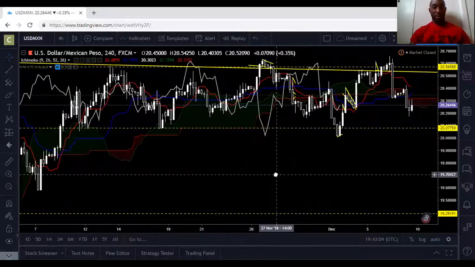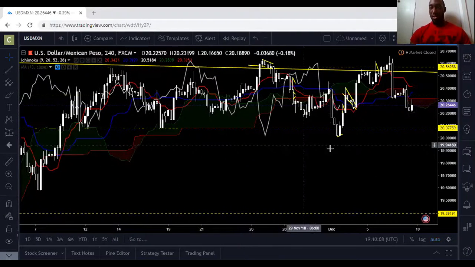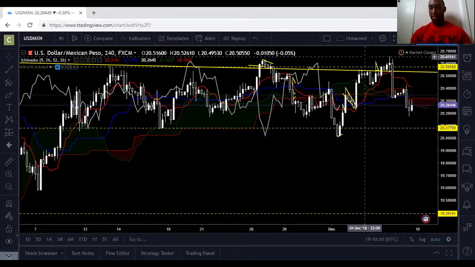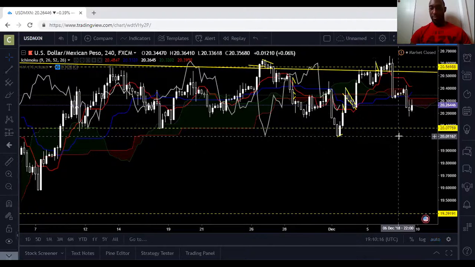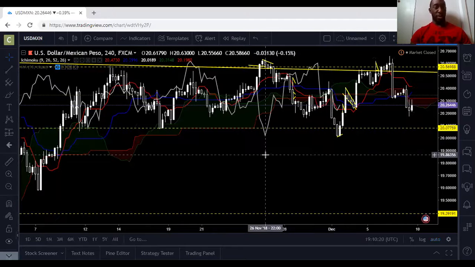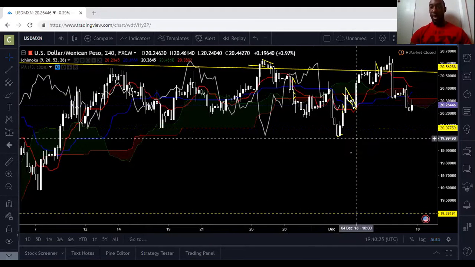So, as you can see, it's been consolidating between the highest level 20.65 zone and, let's say, 20 exact. I'm not going to play with that. Let's say between 20.65 and 20 zone.